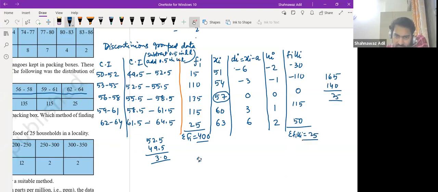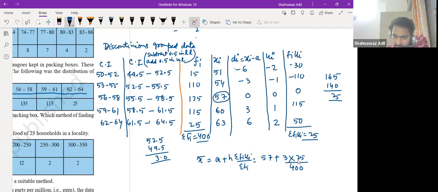Now we have to find out the mean. So this is A plus h times summation fiui divided by summation fi. So A is 57 plus h is 3 into 25 divided by 400.